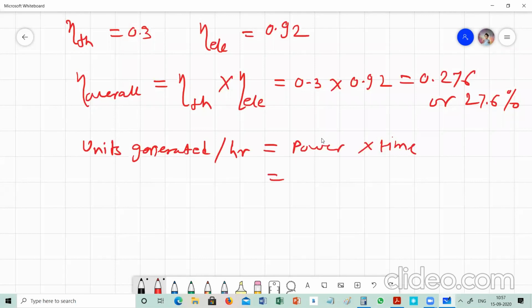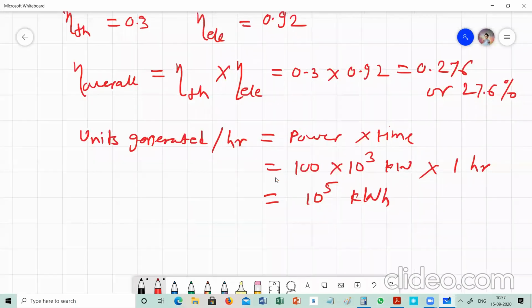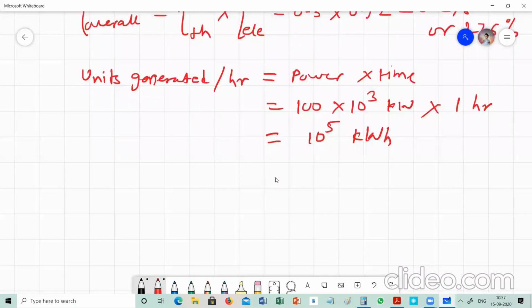Power is 100 megawatt, that is 100 into 10 raised to 3 kilowatt, into 1 hour, which is equal to 10 raised to 5 kWh. Now we have units generated per hour. So using the efficiency, eta overall is equal to output by input.